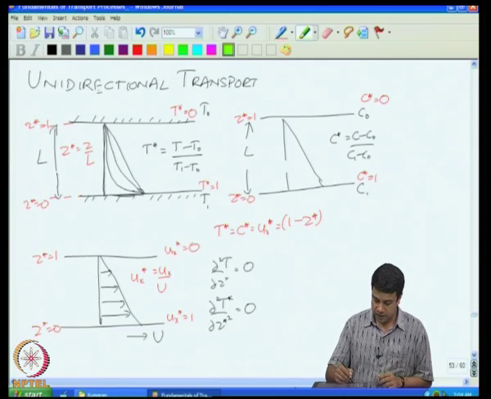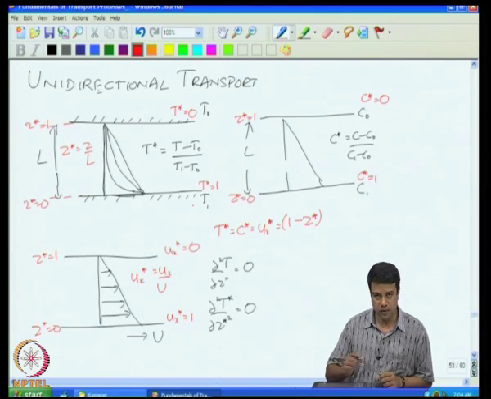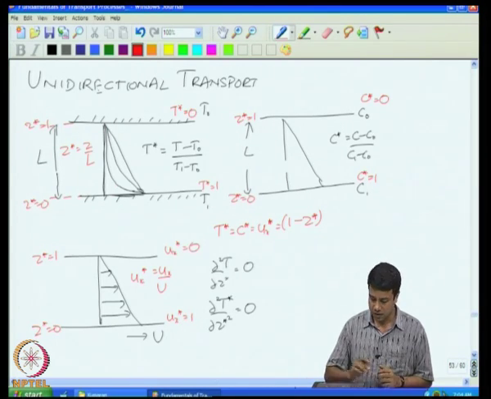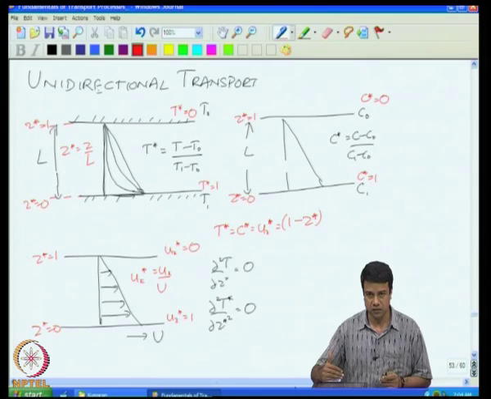We will look specifically at this case where you start off with the whole fluid at a constant temperature, and instantaneously you heat up the bottom to a higher temperature. How does the temperature field evolve within the fluid? Equivalently, for the concentration field, at time t equal to 0, you introduce some solute on the bottom plate and that diffuses across. How does it vary with time?